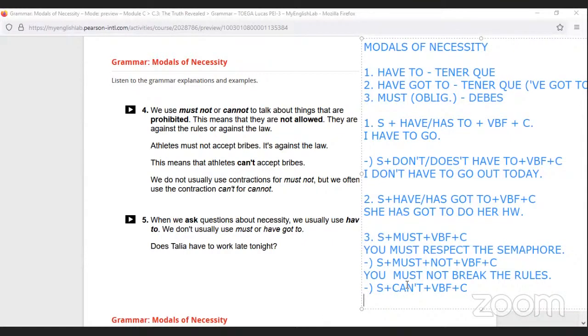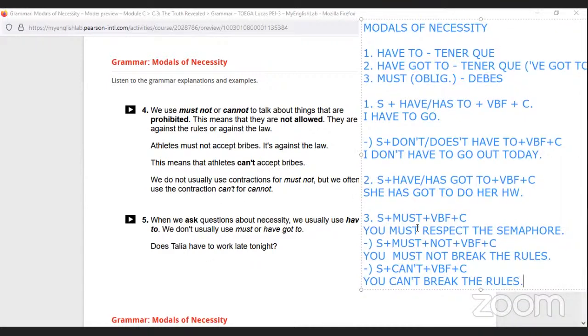So if I use the same example, you can't break the rules, the meaning is similar. Okay, the meaning is similar. Those are prohibited. And if we do it, we can go to jail. Okay, so we only use that.